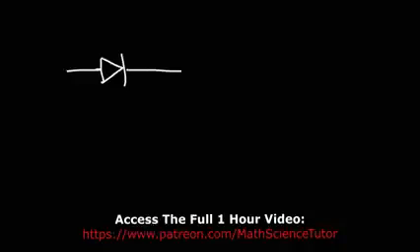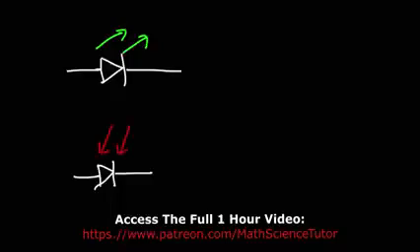Now, I want to go back to the LED, the light emitting diode. As mentioned before, an LED converts electricity into light energy efficiently without generating much heat. But there's a device that works in the opposite direction, and that is a solar cell.